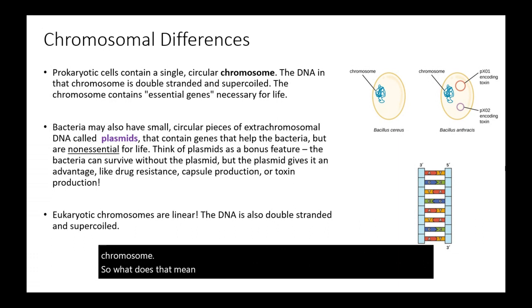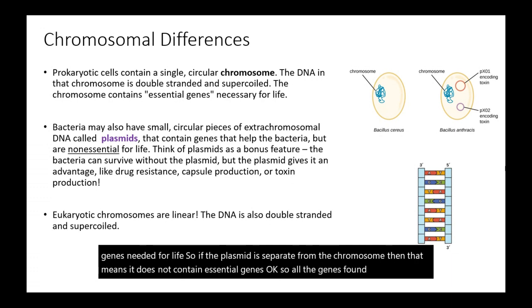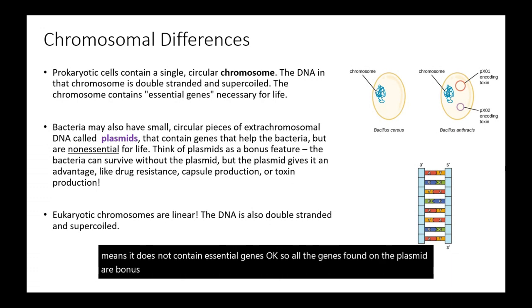Well, I just told you that the chromosome has all of the essential genes needed for life. So if the plasmid is separate from the chromosome, then that means it does not contain essential genes. So all the genes found on the plasmid are bonus features. They are not necessary for life, but they typically offer the bacteria some sort of advantage.